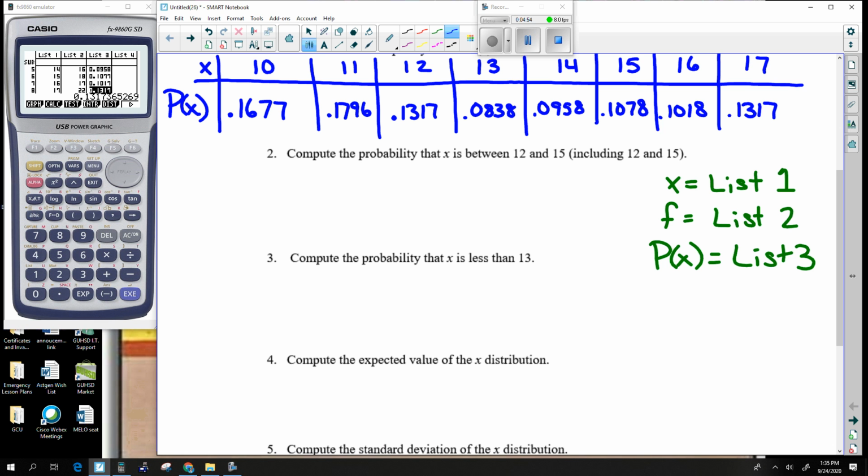All right, so now we go to these other problems, and it's just kind of putting these things together. What's the probability that an x is between 12 and 15, including the 12 and the 15? So that would be 12, 13, 14, and 15.